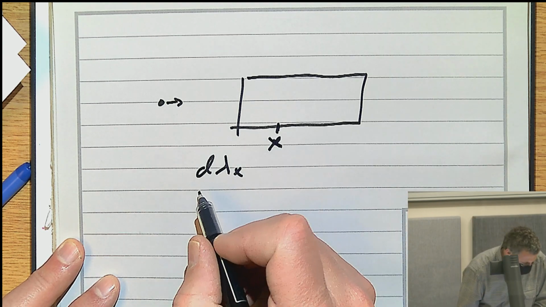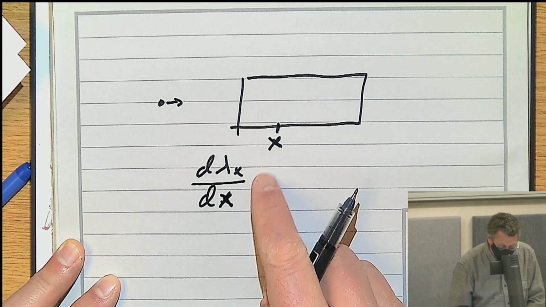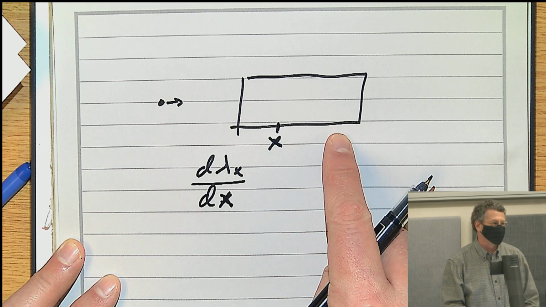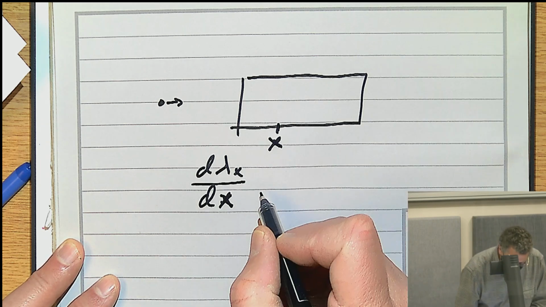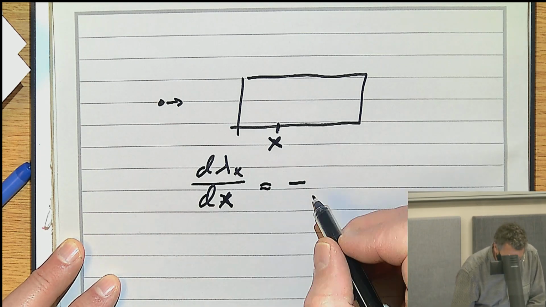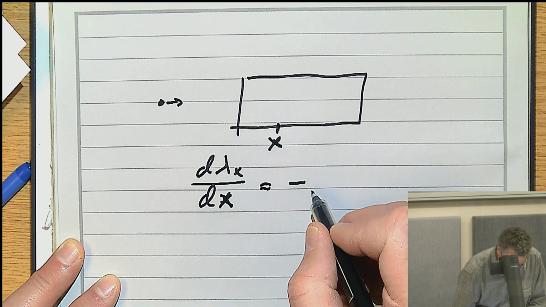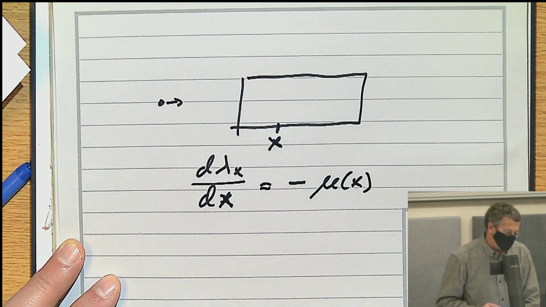So d lambda x dx, the number of photons is going to decrease as you go deeper in the sample, because you can only lose them, you can't gain them, okay? So that's going to be equal to, it has to be a negative number, and it's going to be proportional to the density of the material. So the density of the material we'll call mu of x, okay?